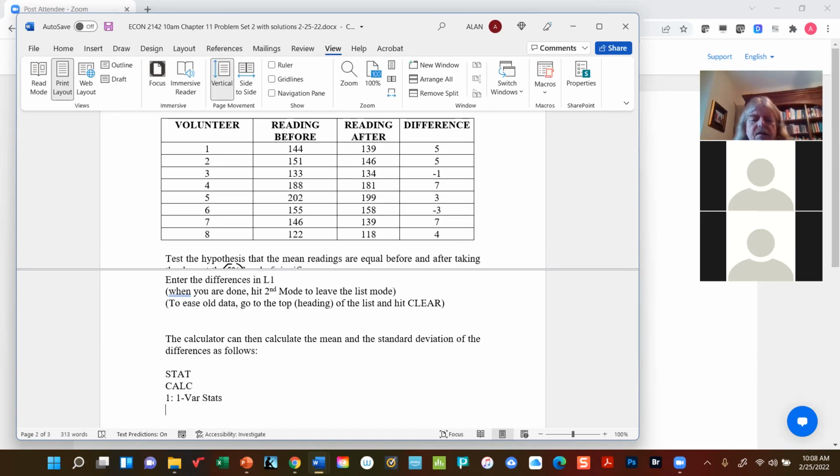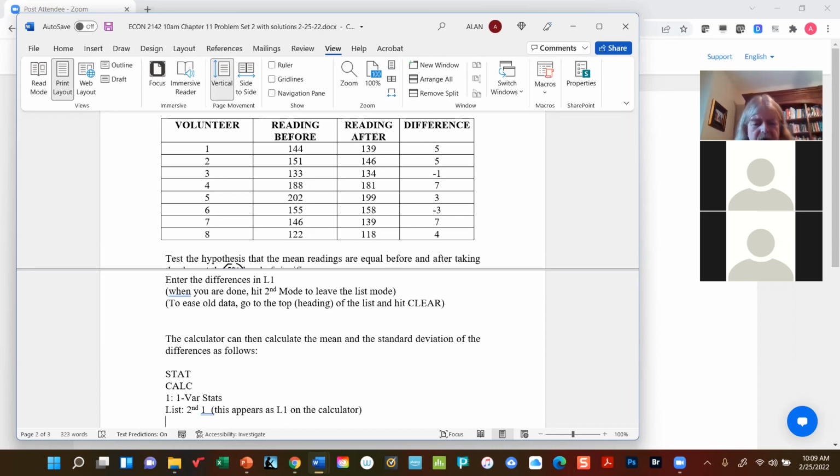And when you do that, make sure it knows that your list is L1. If it's not already L1, what you have to do is hit second 1. This appears as L1 on the calculator. The second tells it that you're looking at a list, so second 1. And then everything else, just leave it, hit calculate.